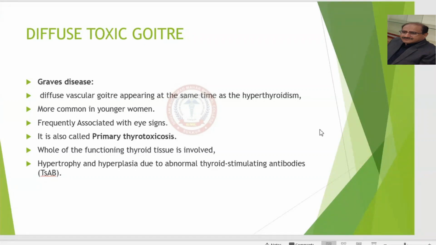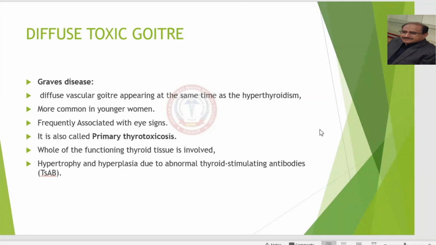It is more common in younger women, frequently associated with eye signs. Eye signs are frequent, prominent signs of the diffuse toxic goiter, Graves' disease. What are those eye signs? One is exophthalmos, the main one, protrusion of the eyeballs.